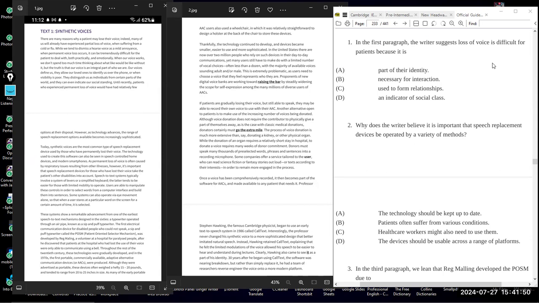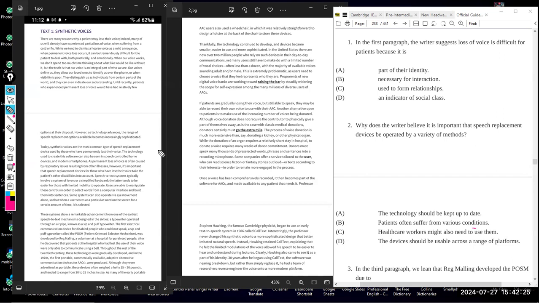So which answer? B. It is B. Patients often suffer from various conditions. That's amazing. But how did you know? Which paragraph, which line? Okay, it's important that speech replacement devices for those who have lost their voice take the patient's other disabilities into account.